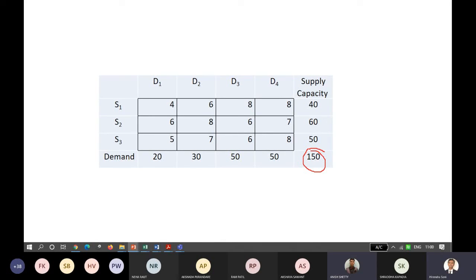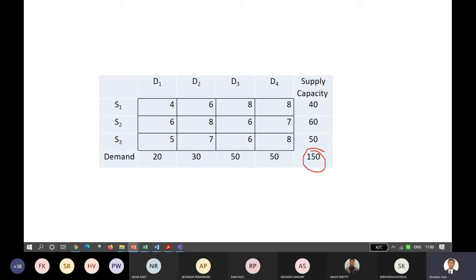Sir, can you repeat? The row and column part, what you told. I will tell you again. If demand is less than the supply, we'll have to include a column. The dummy column will have a demand equal to the gap between the supply and demand.